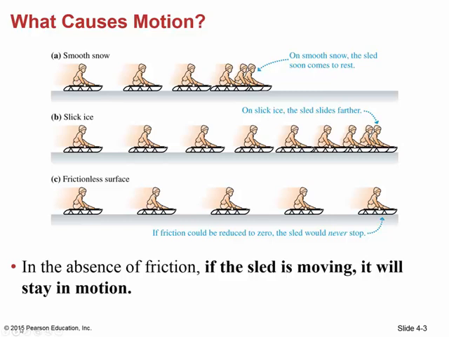Now, what causes motion, or what causes things to move, I should say? I think it's pretty obvious with this example here of someone sliding on snow. If it's a flat surface, you're going to need someone to push you. But in the absence of friction, if someone gave you a push, you would go on forever, okay?